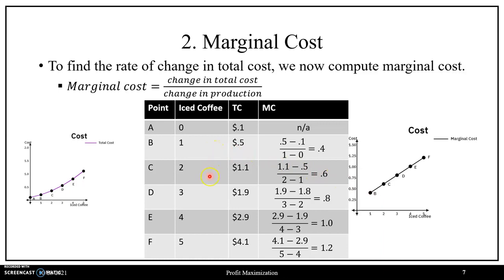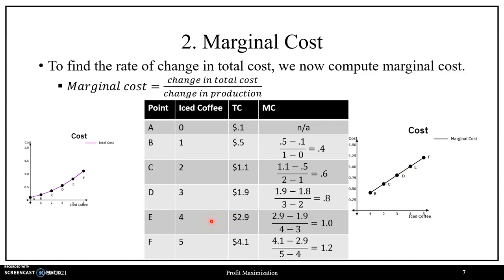Going from B to C to produce that second iced coffee, costs are changing by 60 cents, generating that second point on our marginal cost curve, point C. Going from C to D to produce that third iced coffee, total costs are changing by positive 80 cents, generating point D on our marginal cost curve. Going from D to E to produce that fourth iced coffee, total costs are changing by $1, generating point E on our marginal cost curve.